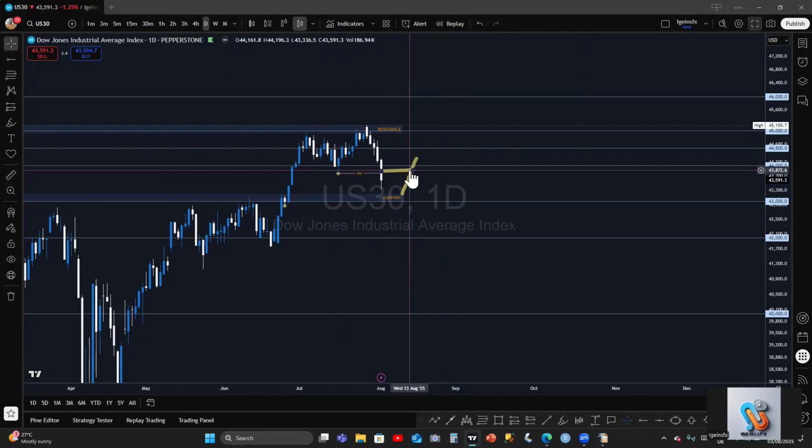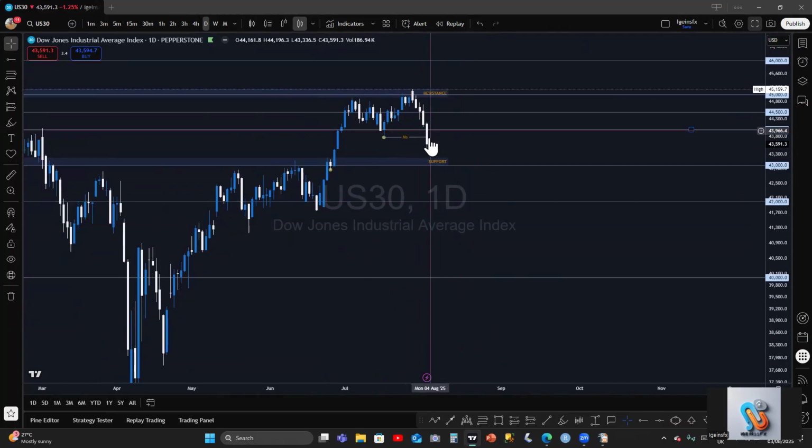Once it gives us something like that, it's just for price action to create a resistance here. As it's creating a resistance, it makes a pullback to the support level, it will not violate it, then it will push.